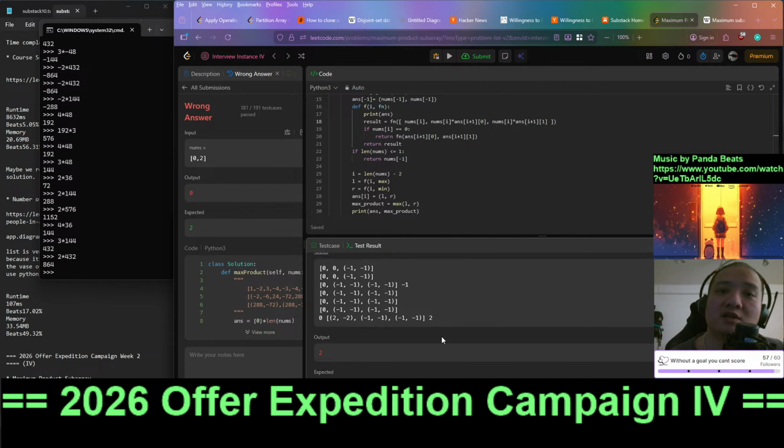Because 0 multiplied by everything is 0. So let's look at that case. There's two special cases. We got 0, 2 which gives us 0; 0 multiplied by 2, 0 multiplied by 2, or 2, right?